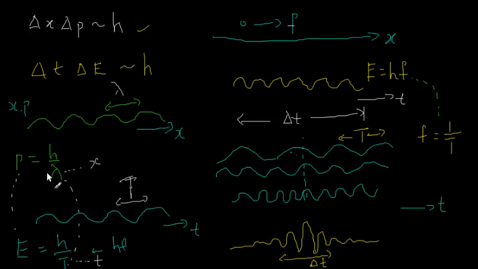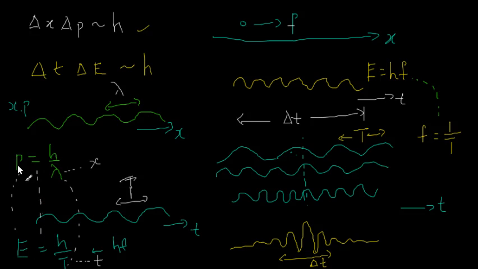Okay, so what we have is a similar relation between momentum and distance, meaning the relation between energy and time is similar to the relation between momentum and position. In fact, they are exactly the same.